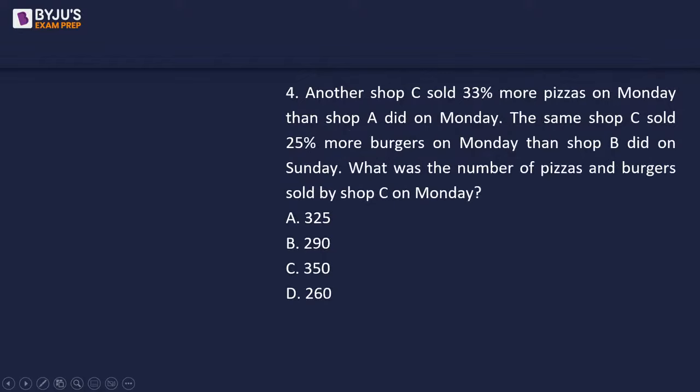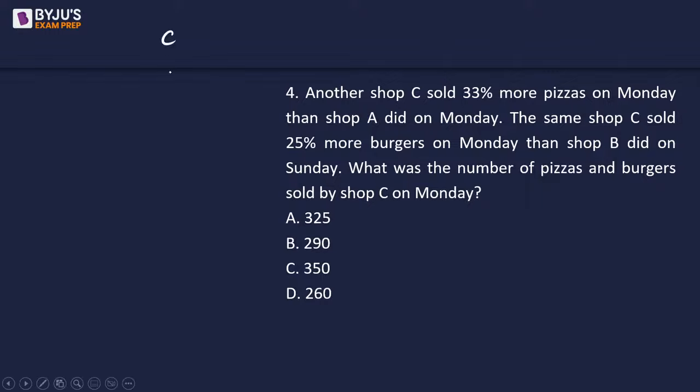Next, another shop C sold 33% more pizzas on Monday than shop A did on Monday. Yeah, sorry. Another shop C sold 33% more pizzas on Monday than shop A did on Monday.